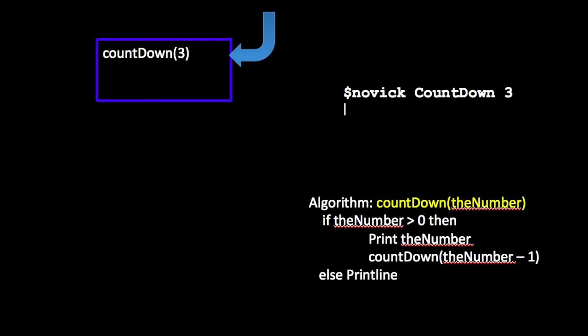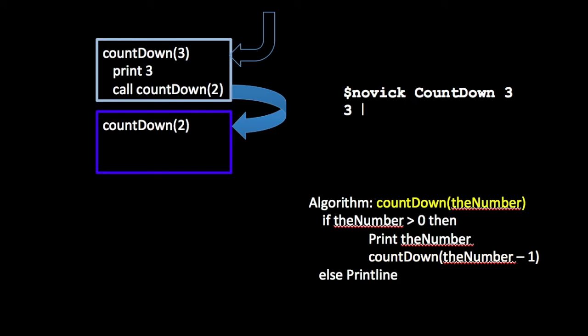Well, countdown of 3 tests to see if its argument, the number, is greater than 0. Well, it is greater than 0, so it's going to print the number and then call countdown of the number minus 1, which is countdown of 2.